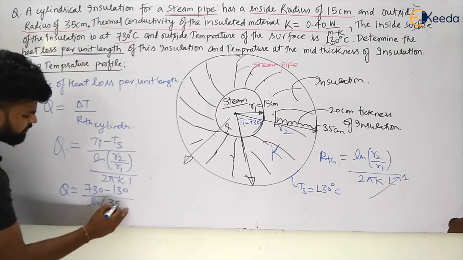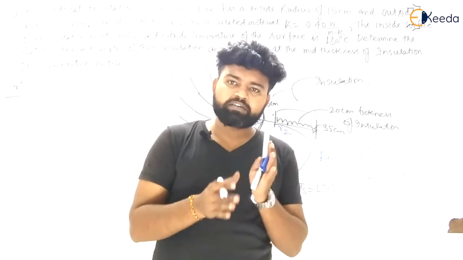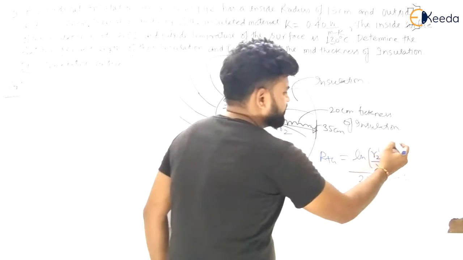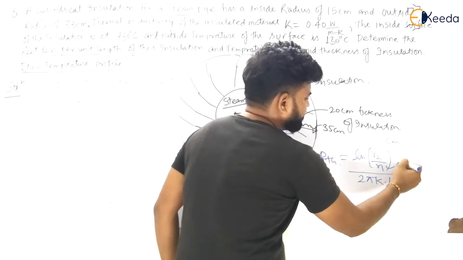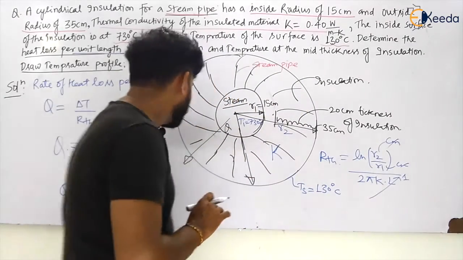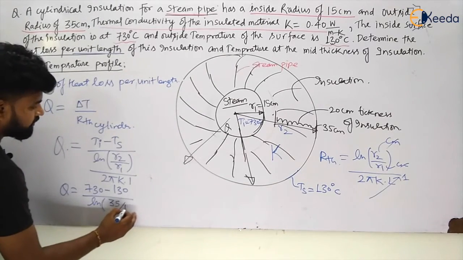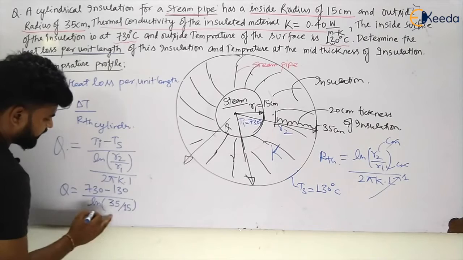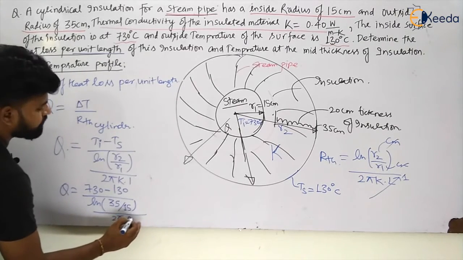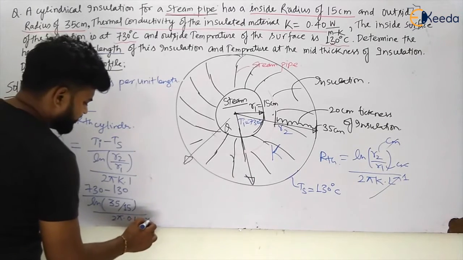We will take it in centimeter only, because the centimeter will cancel out automatically. We don't have to waste time converting to meter. So this becomes ln 35 divided by 15, divided by 2 pi K, 0.4, with L taken as unity.